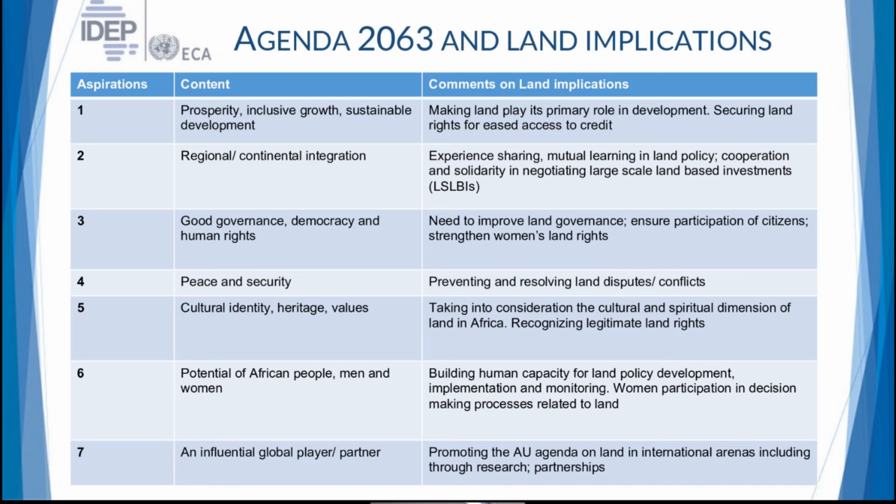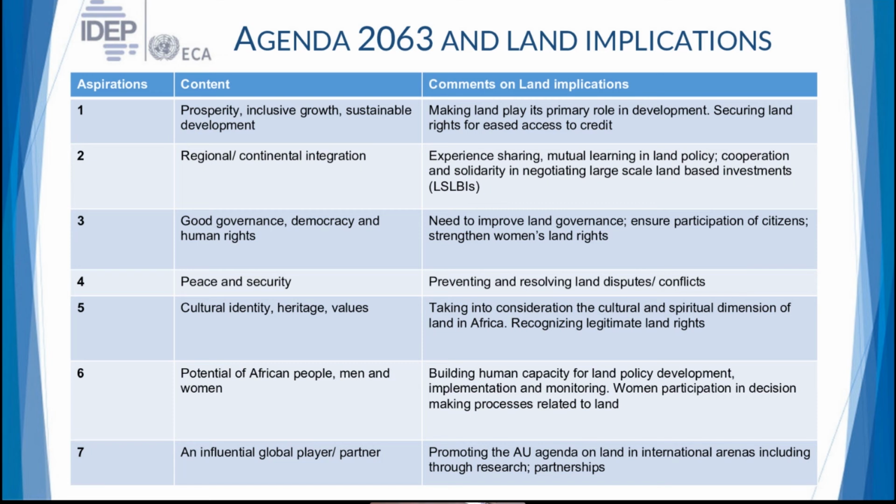Aspiration 3 is about good governance, democracy, and human rights. Here, obviously, land governance is part of achieving this aspiration. Peace and security.